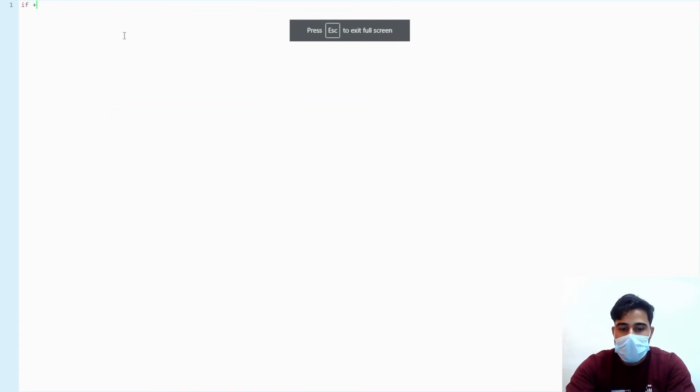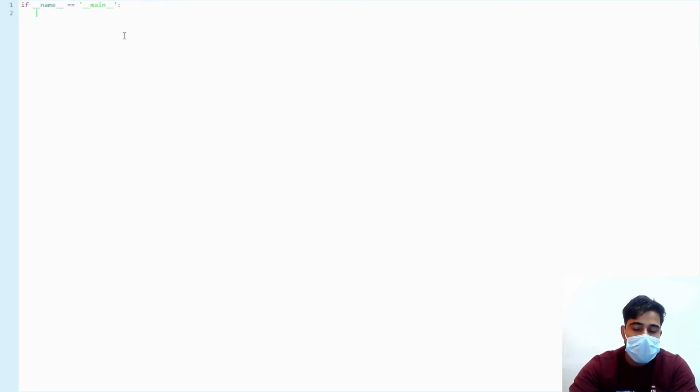Yeah, it is visible now. So if name equals main, okay, we have created a main function. Now let's take the input, n equals int input. Now let's call the function number of ways, which tells us the number of ways of tiling the wall. Pass n as a parameter.